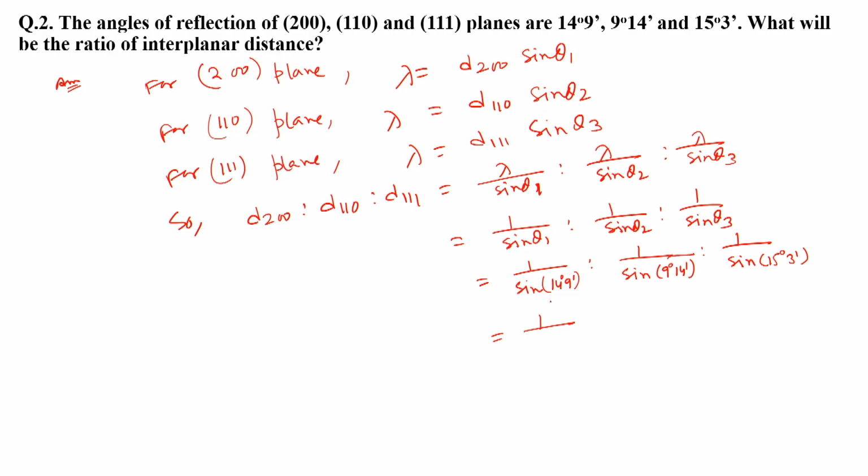If we calculate this, it will be 1 by 0.244 is to 1 by 0.160 is to 1 by 0.259. So we get 4.098 is to 6.250 is to 3.861. So this is the answer.